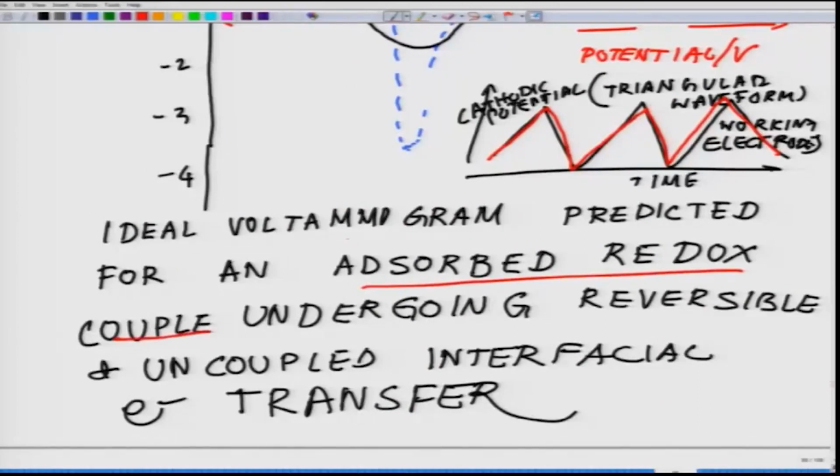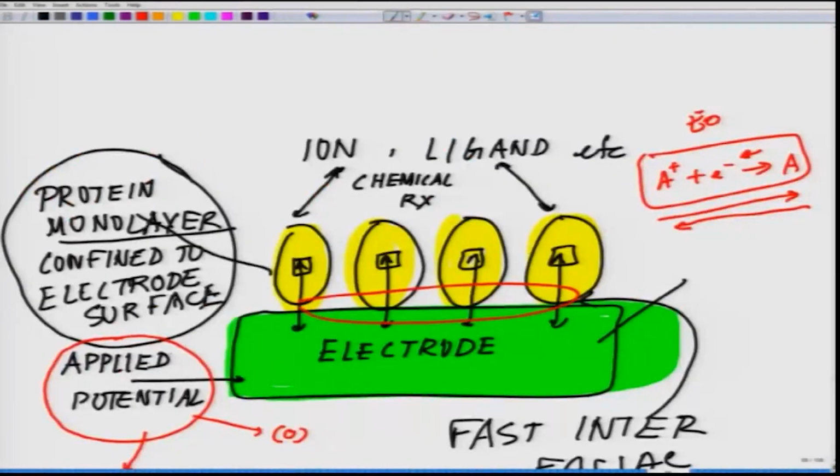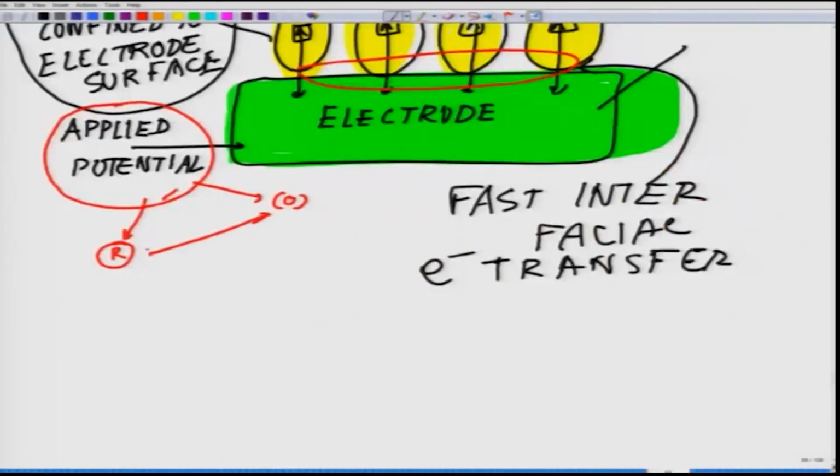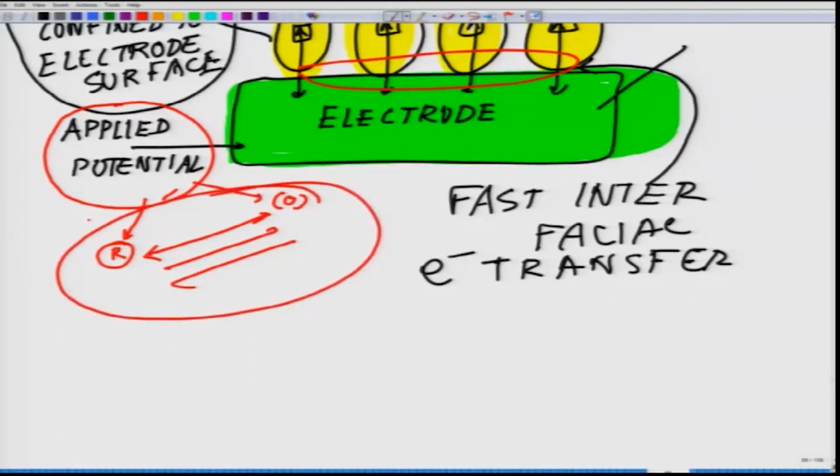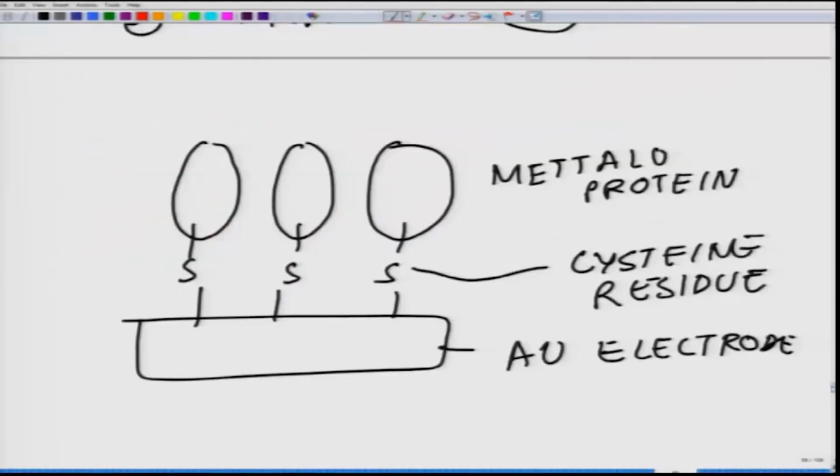Here the redox couple is your protein, undergoing reversible uncoupled interfacial electron transfer. The electron transfer is happening out here, and this applied potential allows it to go reversibly in the forward as well as the reverse direction. So, these kinds of techniques could be used, and how we are attaching them.